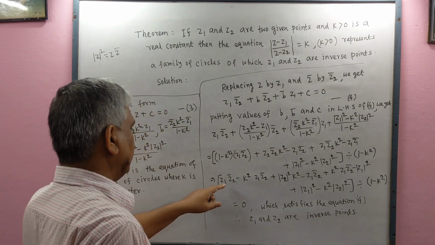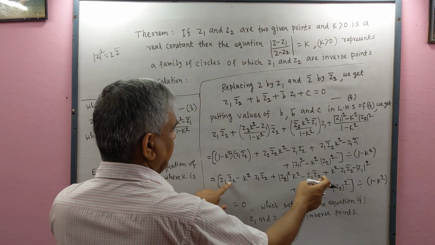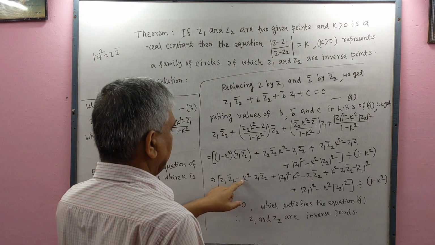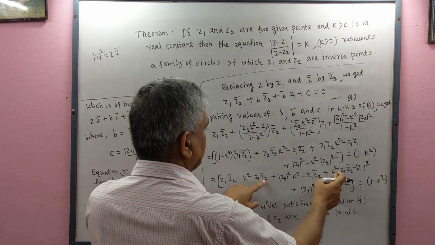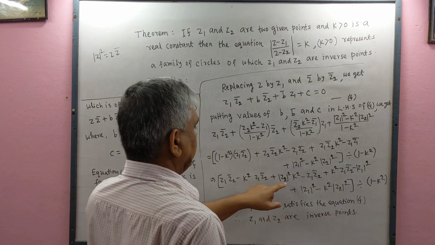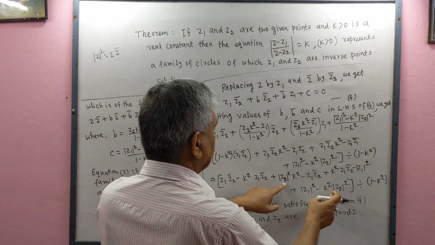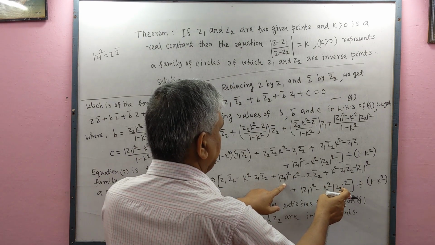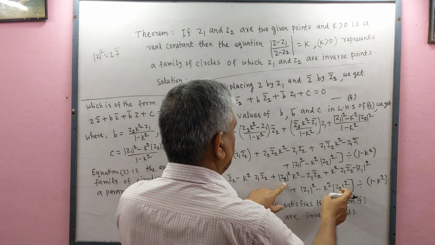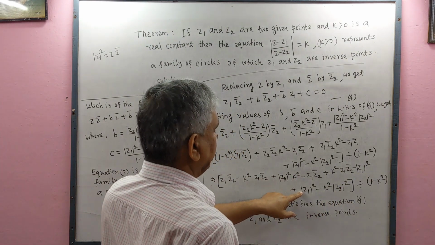This will be cancelled. Z1 Z2 bar plus, here Z1 Z2 bar minus k square Z1 Z2 bar plus k square Z1 Z2 bar. Here modulus of Z2 square k square, here minus k square modulus of Z2 square. And minus modulus of Z1 square plus modulus of Z1 square.